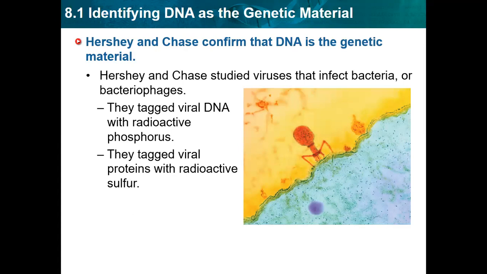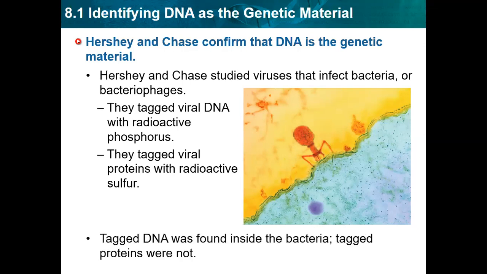Bacteriophages attack bacteria cells; they are called bacteriophages because they infect bacteria. They tagged viral DNA with radioactive phosphorus, and they tagged viral protein with radioactive sulfur. The tagged DNA was found inside the bacteria, but the tagged protein was not.